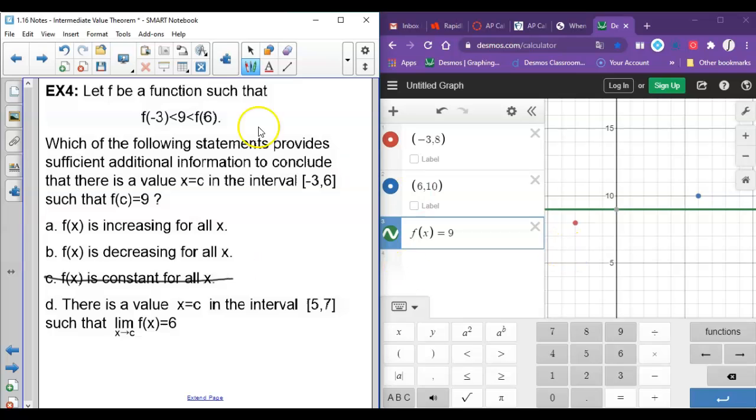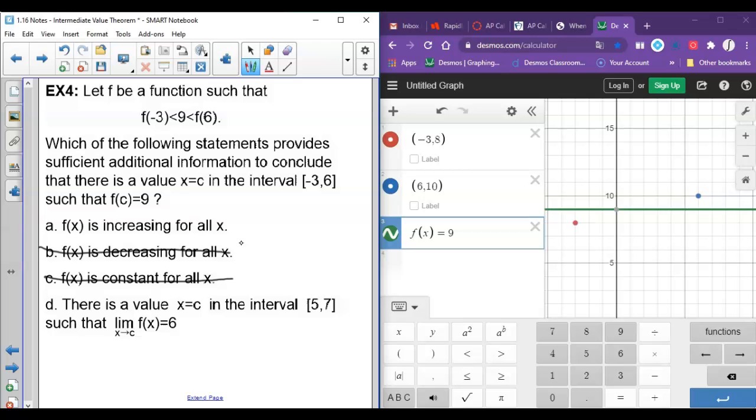Well, that also is nonsensical, because if f of negative 3 is less than 9, less than f of 6, then our function has to increase at some point. So if it's decreasing for all x, it couldn't possibly have that characteristic. So B is going to be thrown out. That leaves us between A and D.